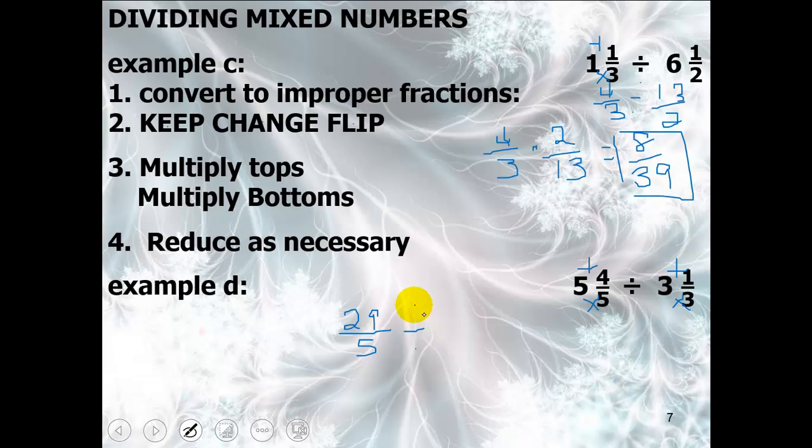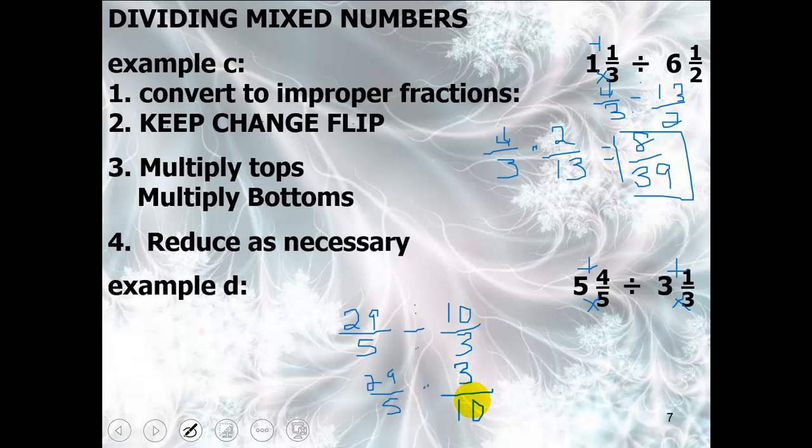So that's divided by 10/3. I'm going to keep my 29 over 5. I'm going to change my operation, and then I'm going to flip my second fraction. All right?